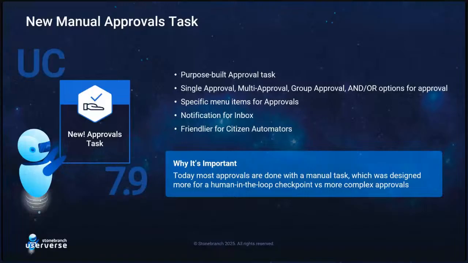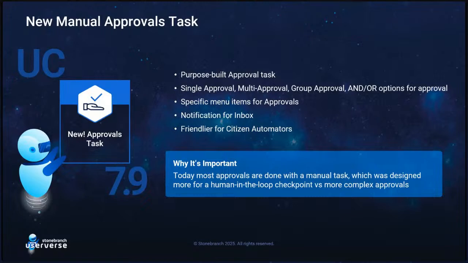Manual tasks were designed, within a workflow, to be a step where there needed to be some form of manual check or approval, that human in the loop type approach. And back then, it certainly served its need.